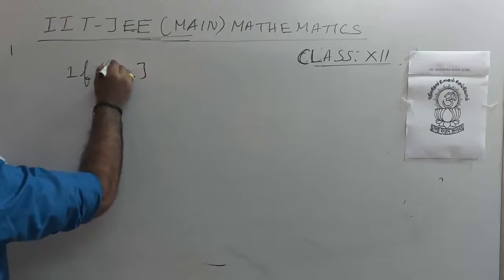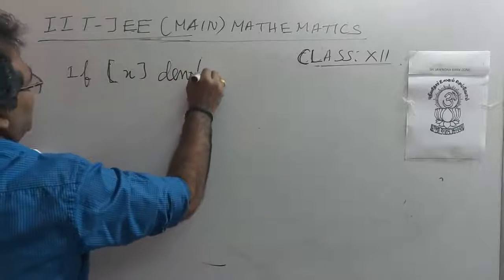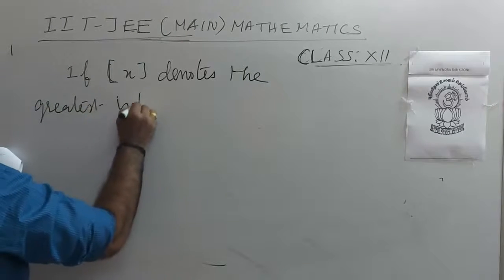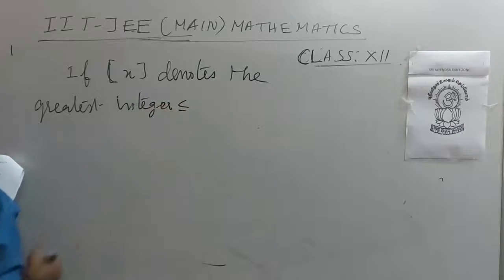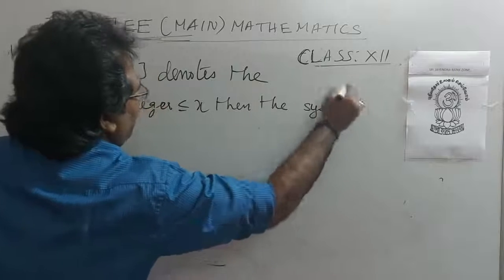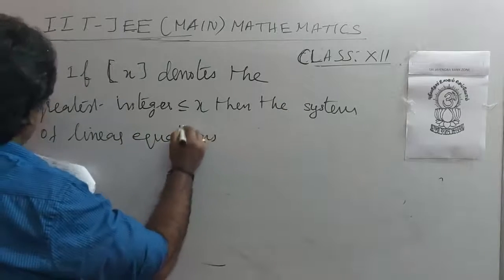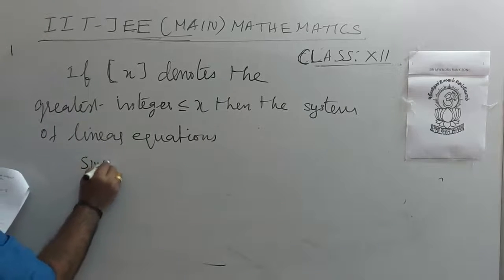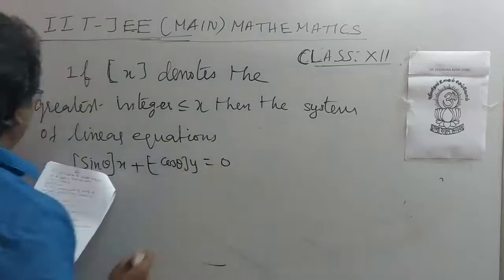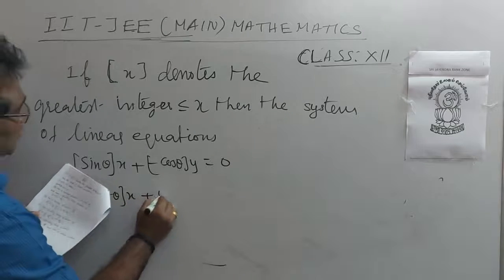If the greatest integer function [x], this symbol denotes the greatest integer less than or equal to x, then the system of linear equations [sin theta] x minus [cos theta] y equals 0, [cot theta] x plus y equals 0.